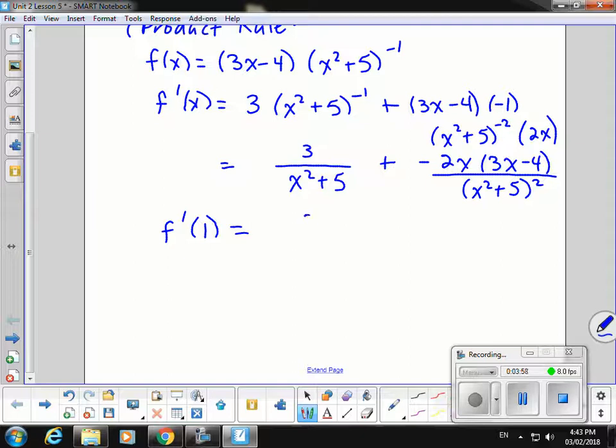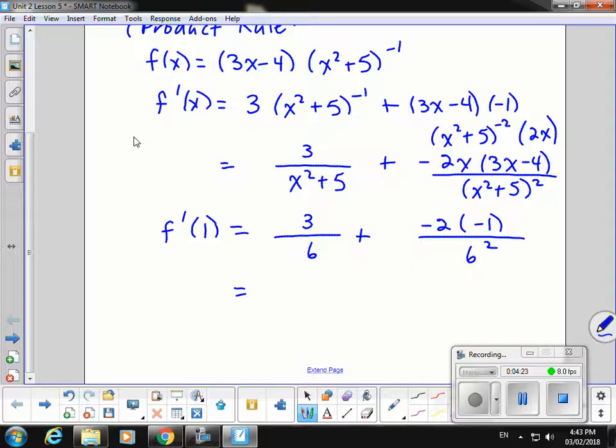I would have 3 over 1 squared plus 5, which is 6, plus negative 2 times, put a 1 in there, I have negative 1 all over 6 squared. If I had 36, I would have 18 plus 2.